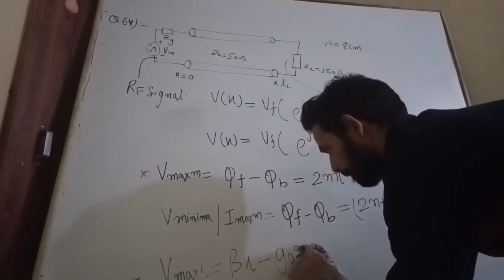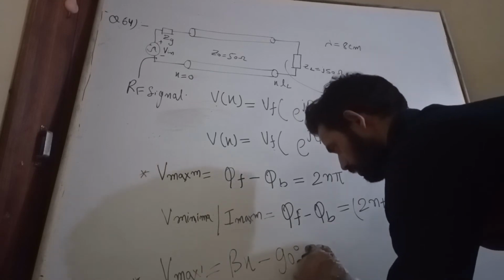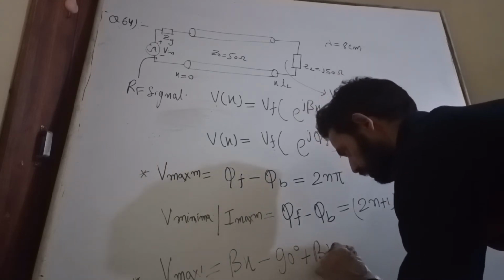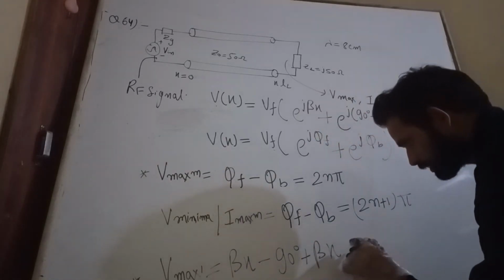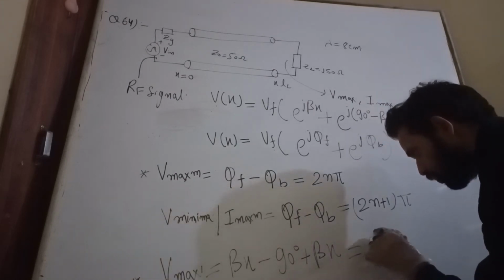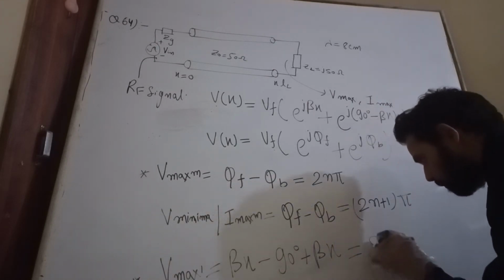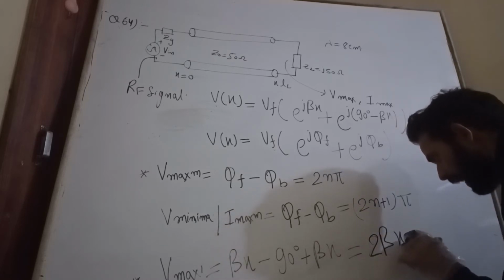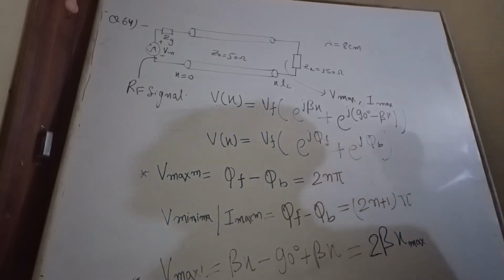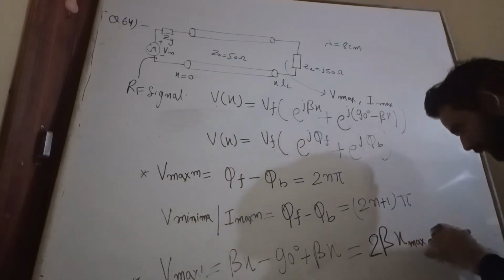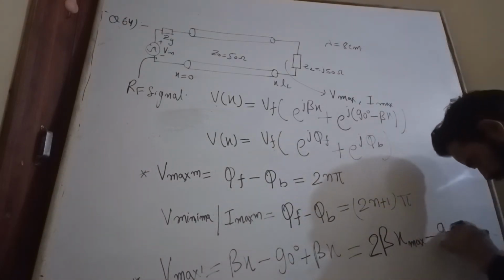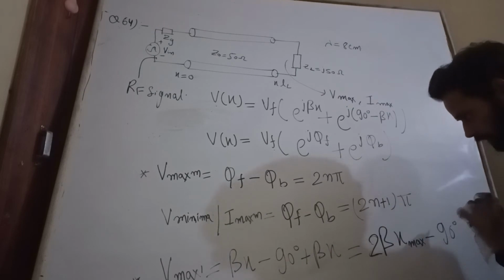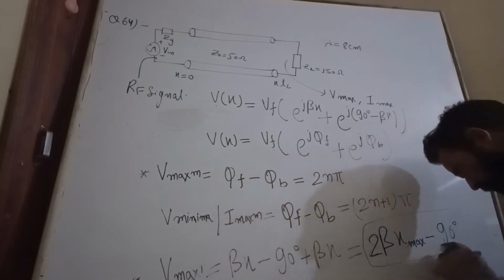So βx minus φb gives 2βx maxima minus 90 degree. This is my voltage maximum.